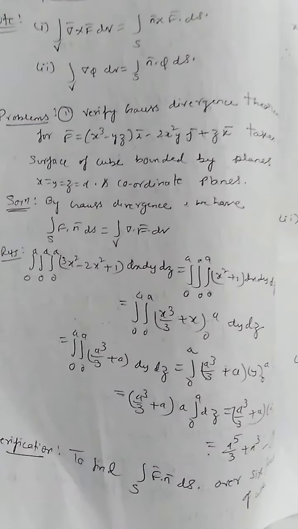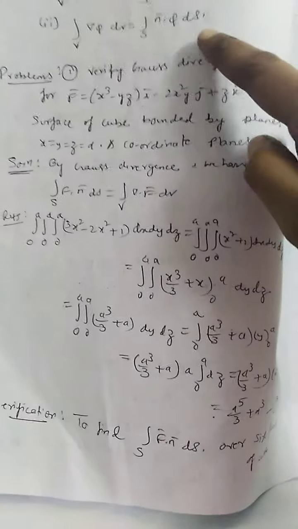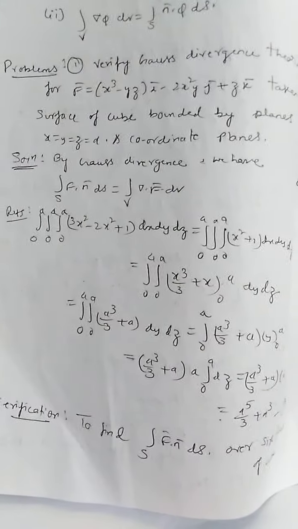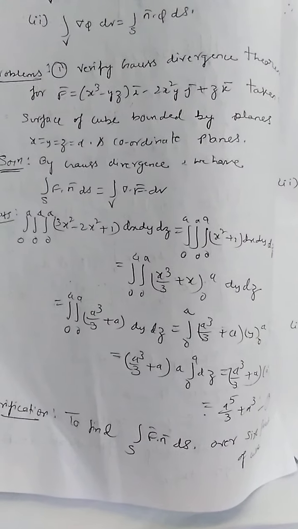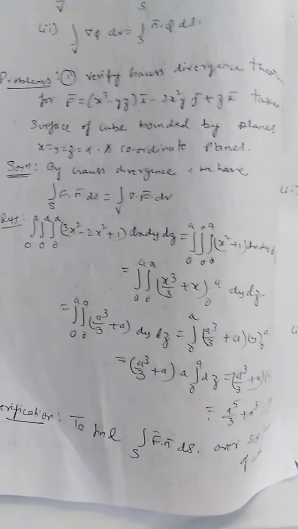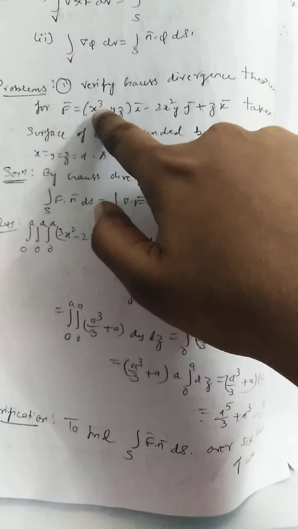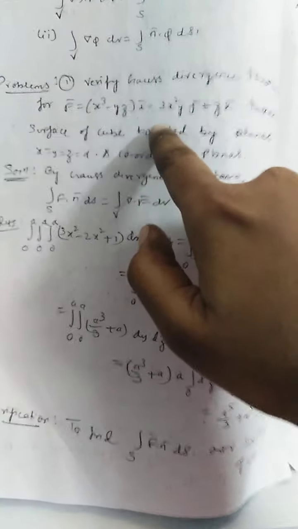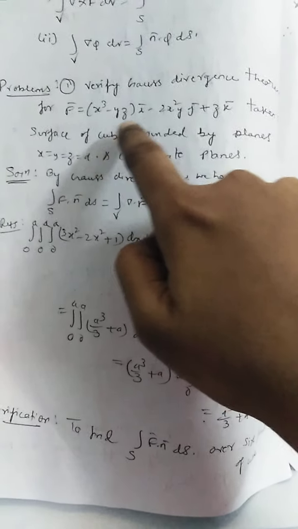First of all we have to show that LHS is equal to RHS. Here we take the RHS, del dot f bar dV. Del is i bar ∂/∂x plus j bar ∂/∂y plus k bar ∂/∂z applied to the function x cube minus yz. So x cube differentiated with respect to x gives 3x square, minus yz gives 0.